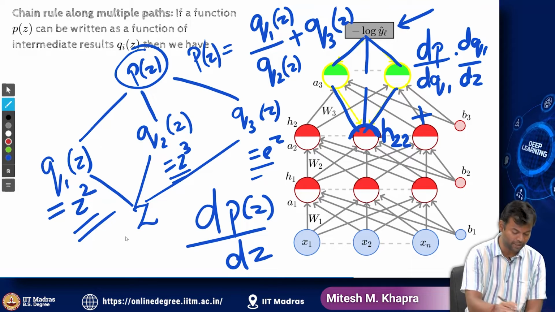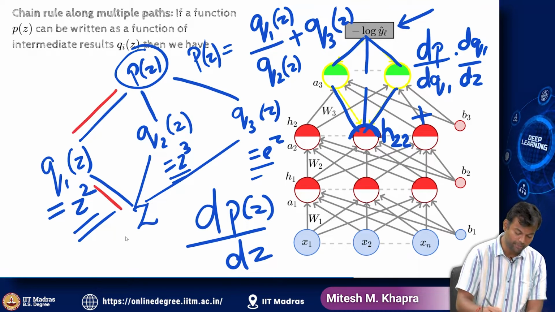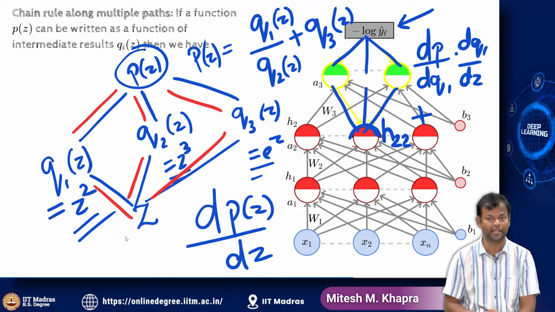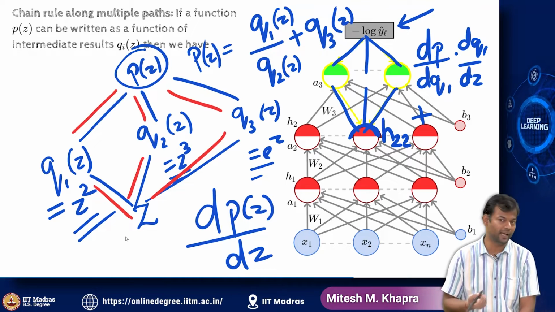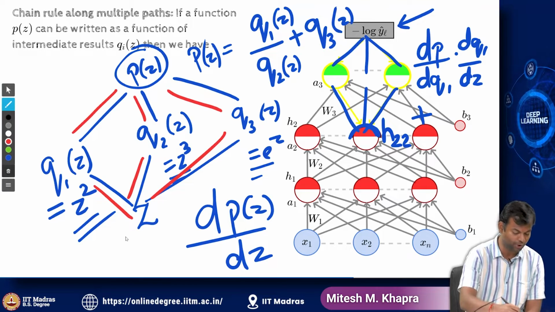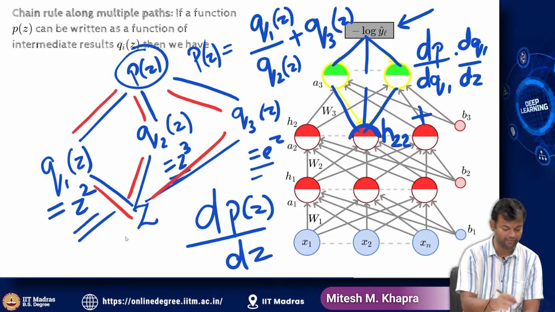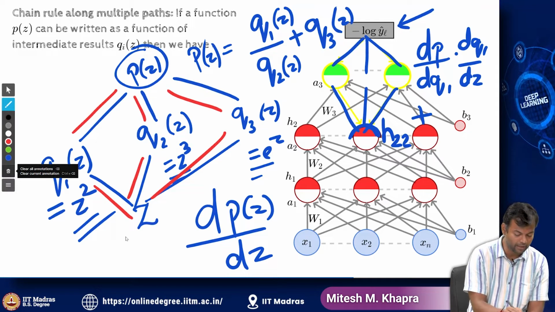So what am I telling you? I am going to sum the derivatives along these three paths. I am just going to apply the chain rule along these three paths and then sum the derivatives. That's what you do when you have this kind of situation. This is just from basic calculus. I have just revised that, and now I'll write this as a more compact formula.